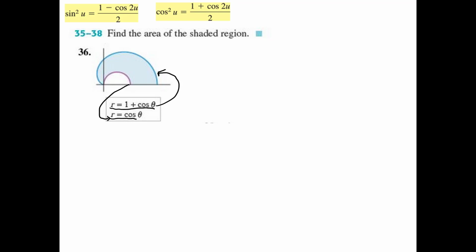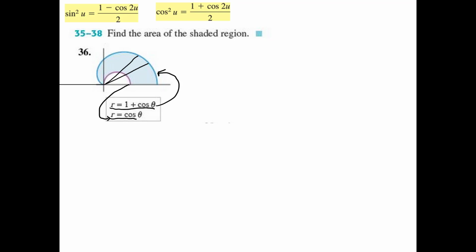Now, another thing you might want to do is draw a generic wedge, just like we used to draw a generic triangle. Your generic wedge is going to go from there. And you could see that the entire area of this wedge goes from the center to the outer curve, 1 plus the cosine of theta.